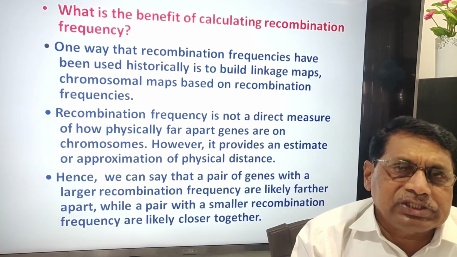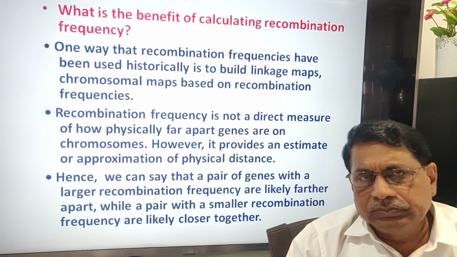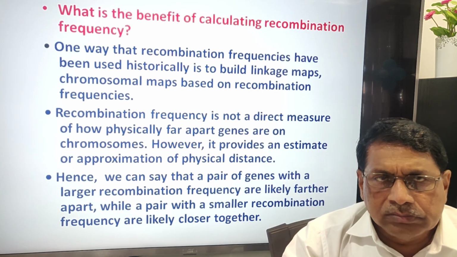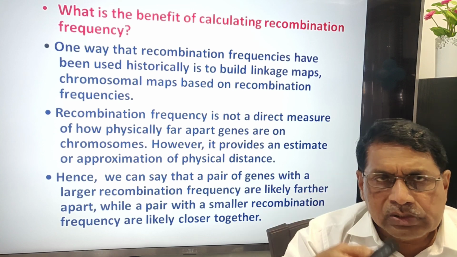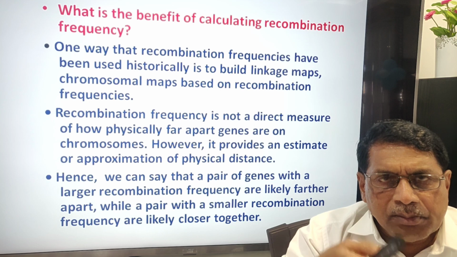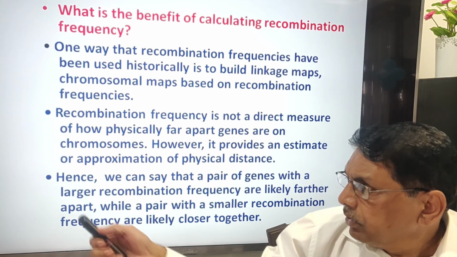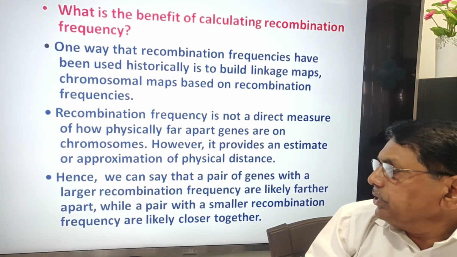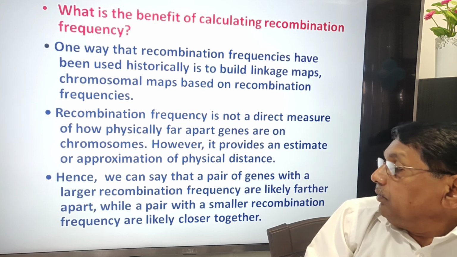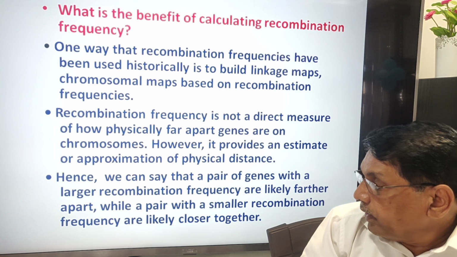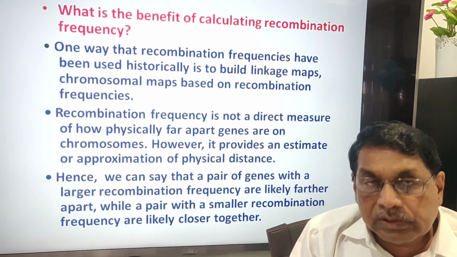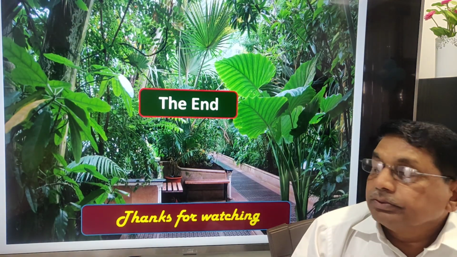Not the exact distance, but approximately, we can say A is close to B, B is close to C, and whether the closeness is between A and B or B and C. Hence, a pair of genes with larger recombination frequency are likely further apart, while a pair with smaller recombination frequency are likely close. I have explained this. Thank you.